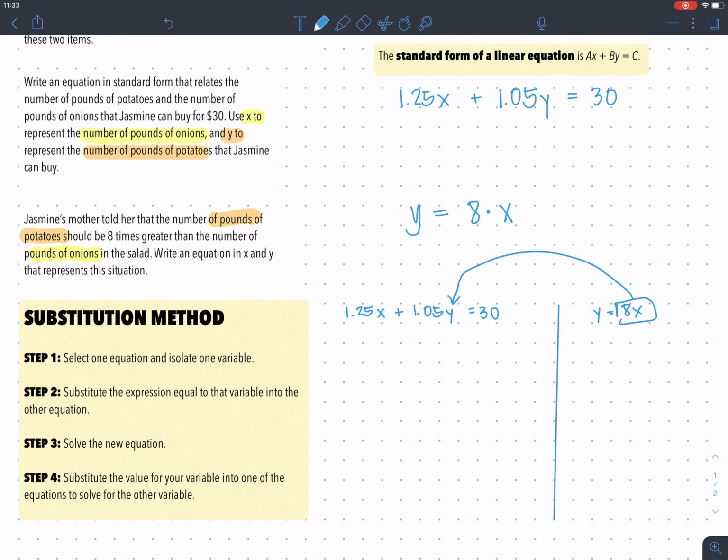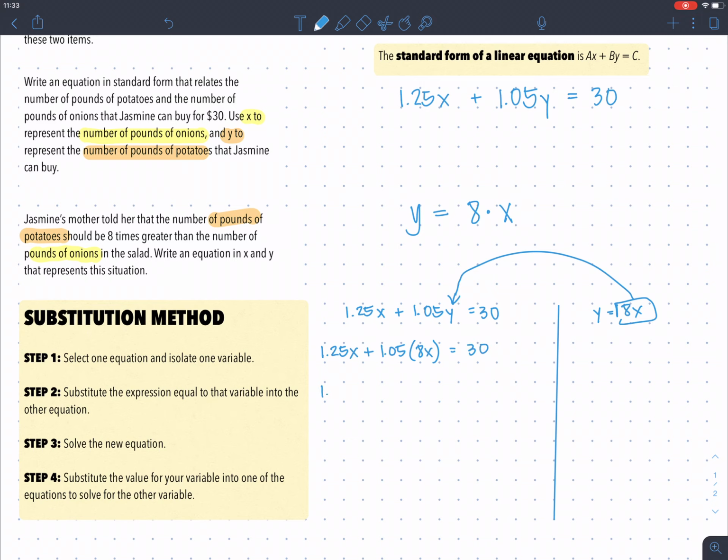Okay, then I'm at step 3. Solve this new equation. So I have 1.25x plus 1.05, and instead of y, I'm going to use 8x because 8x is y, equals 30.